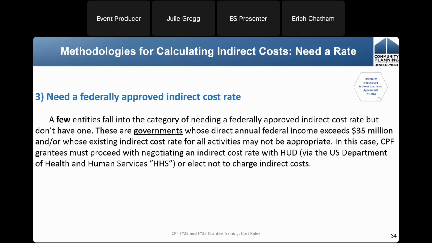But if you are that organization that's required to have one, or you're a grantee that might want to establish one for future projects, you'll do that through Health and Human Services. Or, if you're required to have this rate, I suppose at the end you could just elect not to charge any indirect cost at all if you're one of those local governments that needs to establish the indirect rate. Next slide, please.